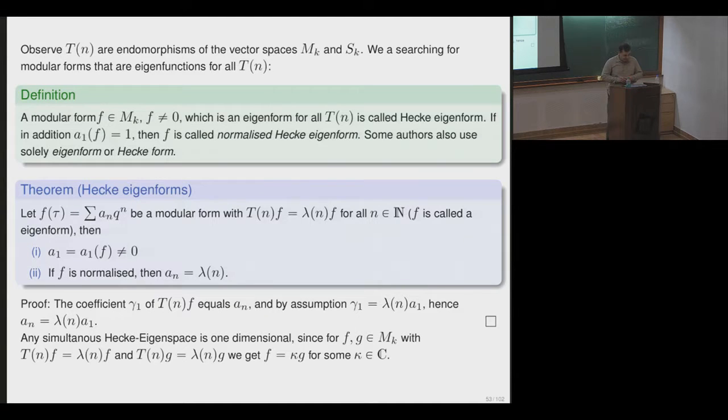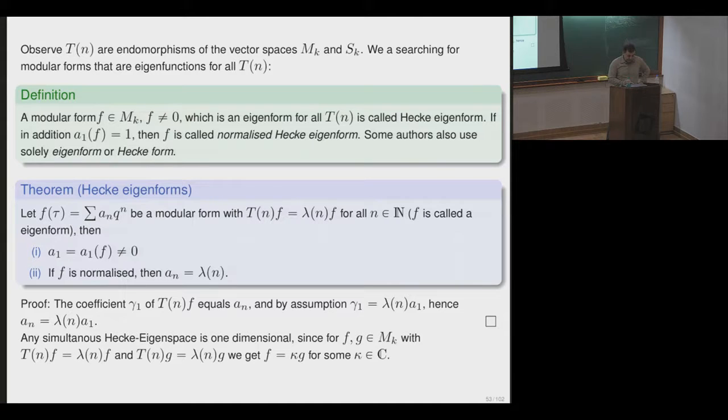Okay. The proof is easy. So what do we have? The coefficient gamma 1 of the formula we've seen before is a_1 a_n. But on the other hand, gamma 1 is just lambda_n times a_1 because it's an eigenform, and therefore a_n has to be lambda_n a_1. So if a_1 is 0, all a_n are 0.